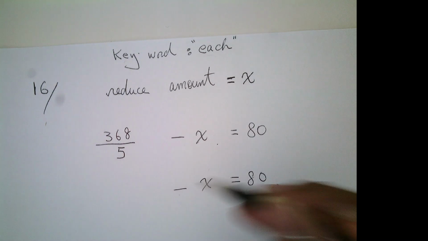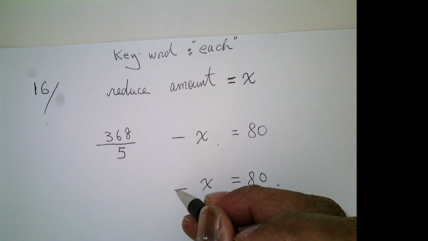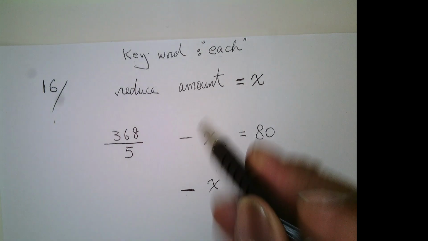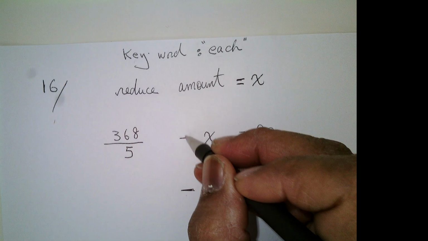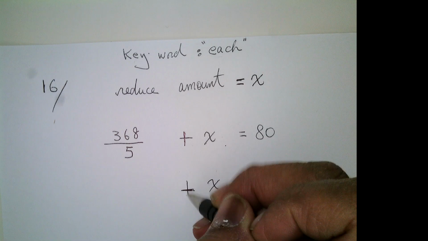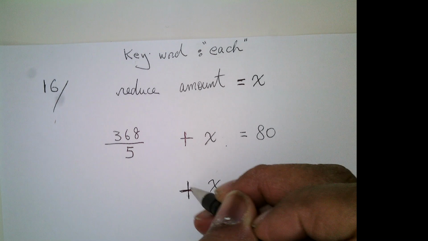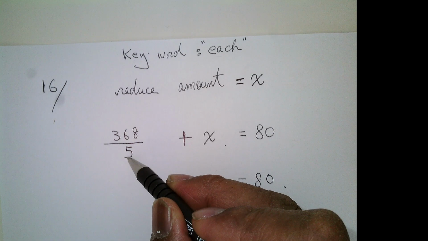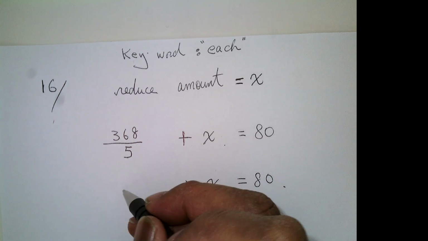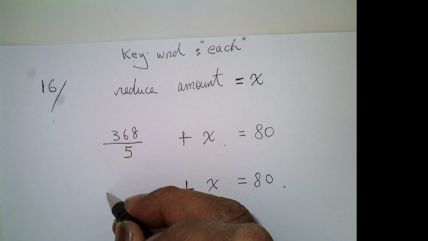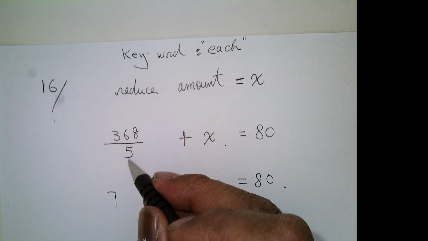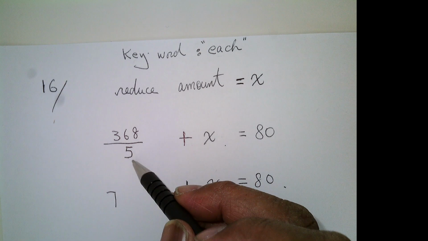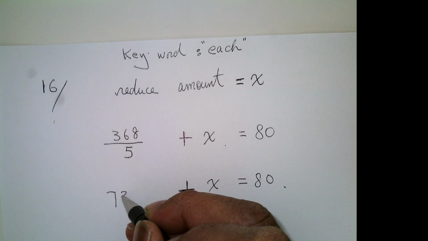So divide that. This should be plus, not subtract. And so 368 divided by 5. So 7 times 5 is 35. And then 18 divided by 5 is 3.